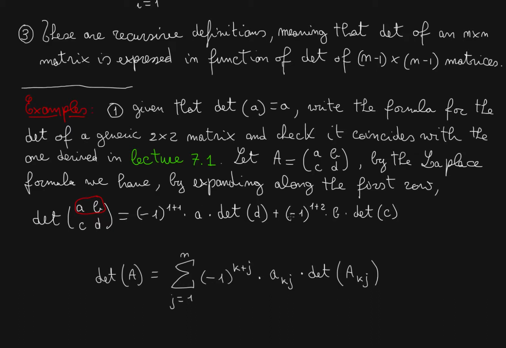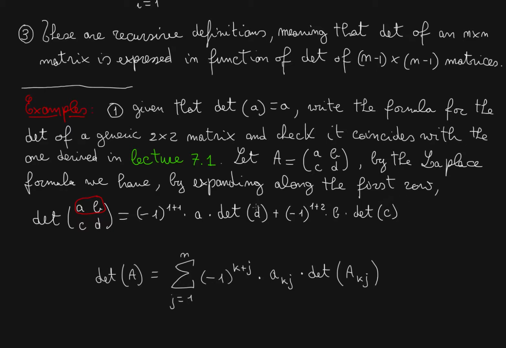The power to which we have to raise -1 is going to be 1 plus 2, and the coefficient we are considering is B, so times B, times the determinant of the submatrix, which we get by deleting the first row and the second column, which are the row and the column associated to the scalar B that we are considering. So this submatrix is reduced just to the coefficient C, so times the determinant of C.